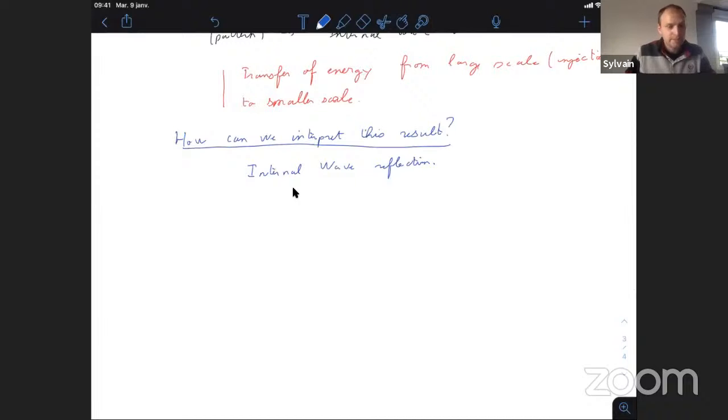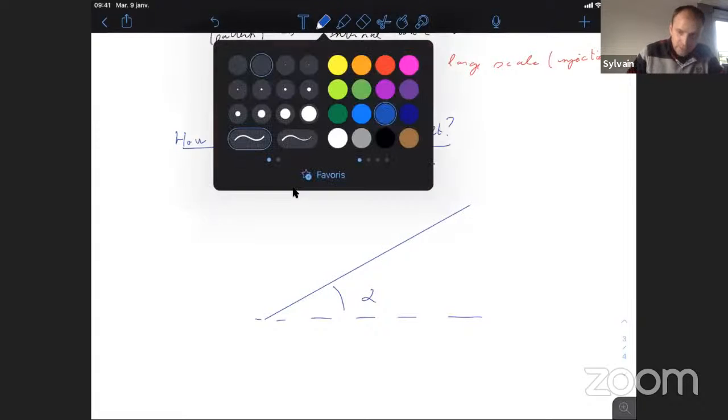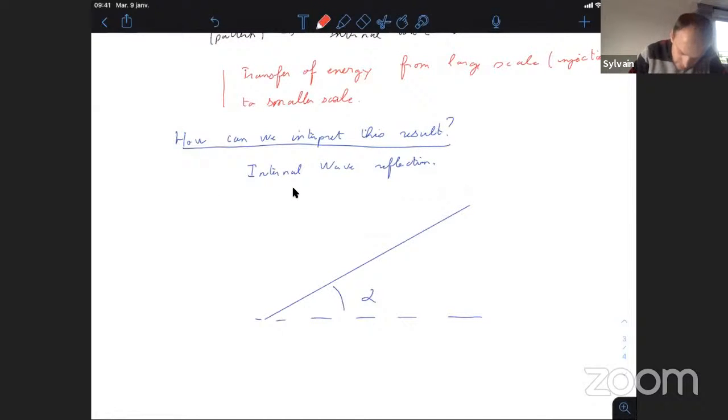One thing that will set the perturbation is the internal wave reflection. So I will redraw the reflection again. You have an angle alpha. You start with a wave that is this one. Again with the vertical, theta, we go this way, so this is also theta.